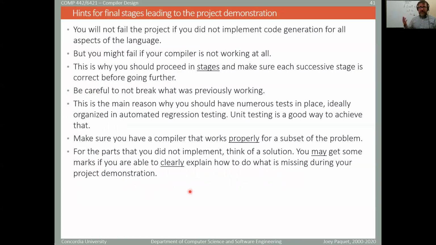So the final thing is, as I just said, you'll not fail the project if you don't have the implementation for many of the code generation. However, you might fail if you come to the demonstration at the end and nothing is working.